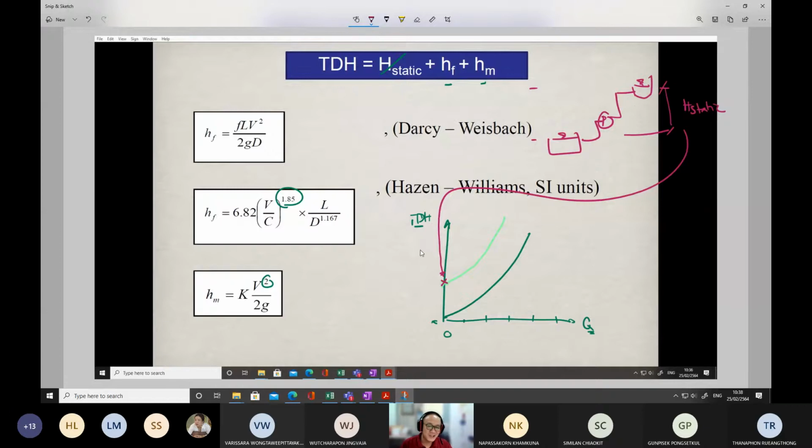If you want to plot the curve, this curve is sometimes called the HQ curve. This one is the head and this one is the flow rate. Or sometimes people call it the system head curve, or sometimes a TDH curve, depending on the reference.